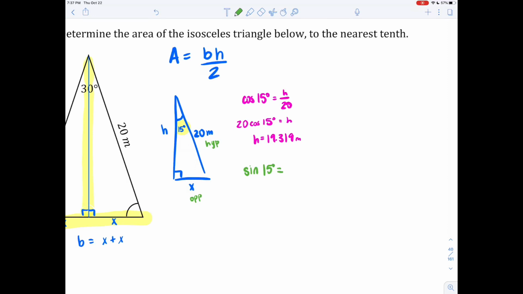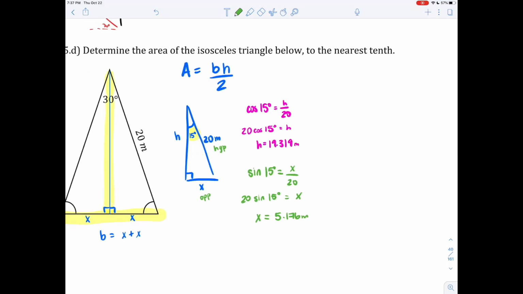Sine of 15 degrees is my opposite, which is x, over my hypotenuse, which is 20. To isolate for x, I'm going to multiply both sides by 20, leaving me with 20 times sine of 15 degrees equaling x. And again, when I put that into my calculator, I end up with 5.176 meters.